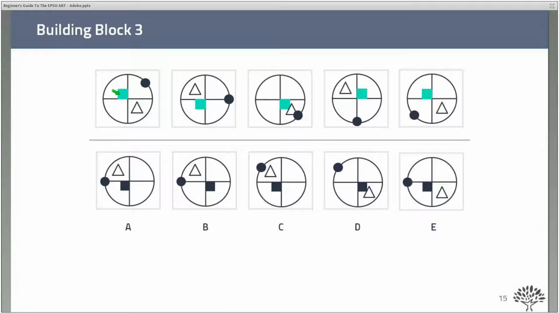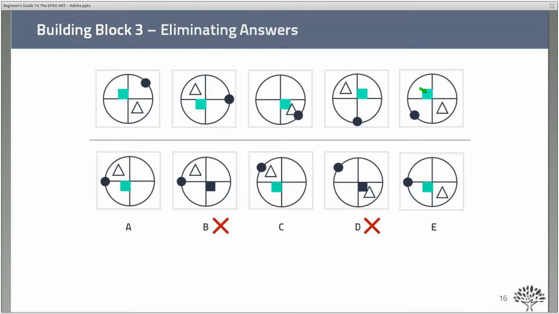So it moves from top left to bottom right to top right. And so it repeats again, and this tells you that it's going to be in the bottom left next, which lets you eliminate, well, a whole host of answers, B and D. And given the other elimination rules, you now know that your answer has to be A.